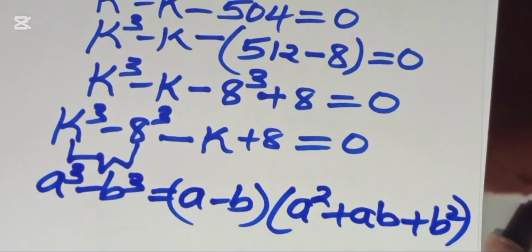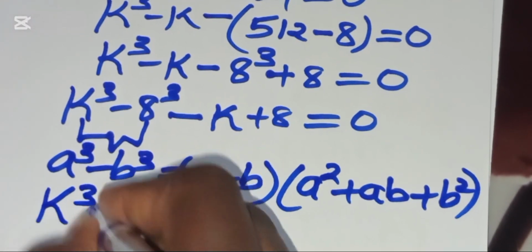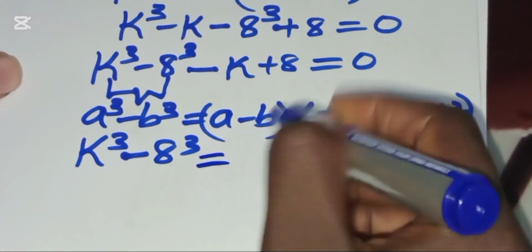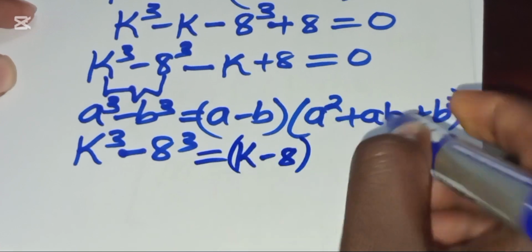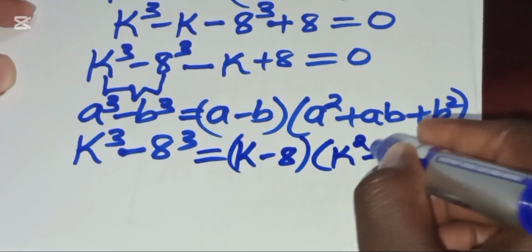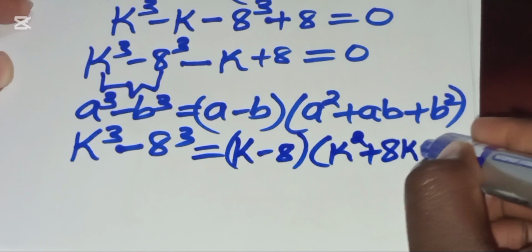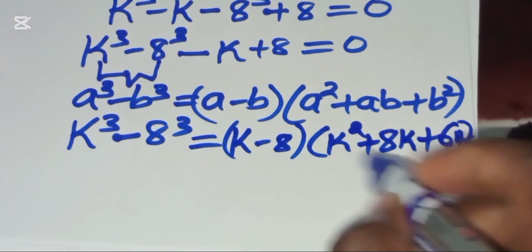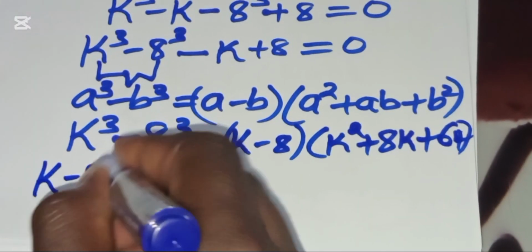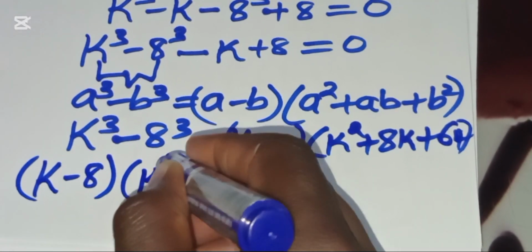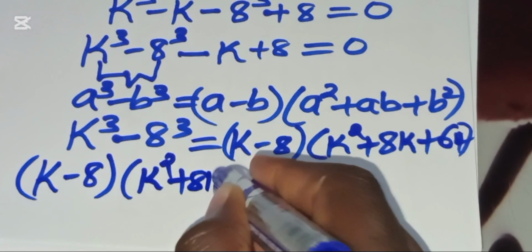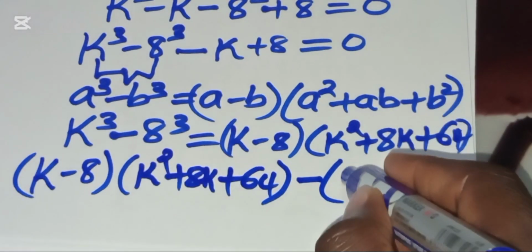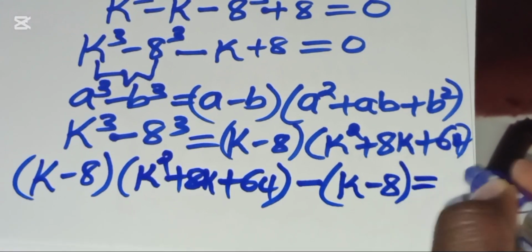From what we have here, k cubed minus 8 cubed is the same thing as k minus 8, times k squared plus 8k plus 8 squared, which is 64. Now we have k minus 8, k squared plus 8k plus 64, subtract into the bracket, the same thing as k minus 8, which is equal to 0.